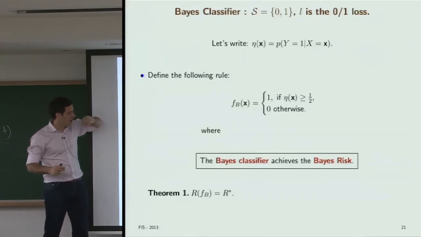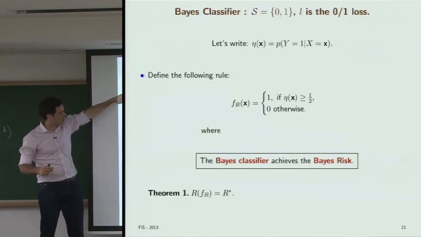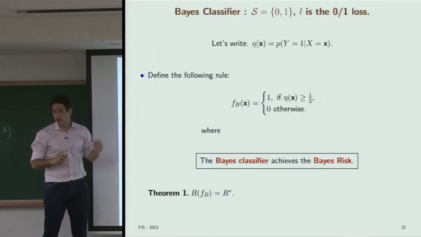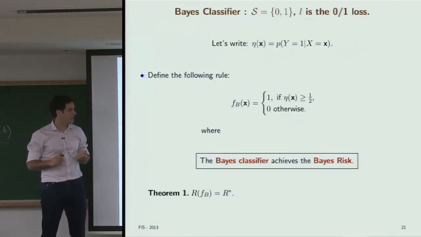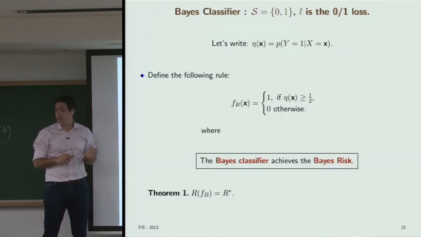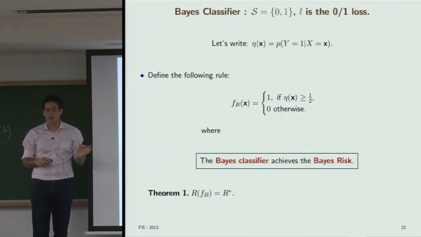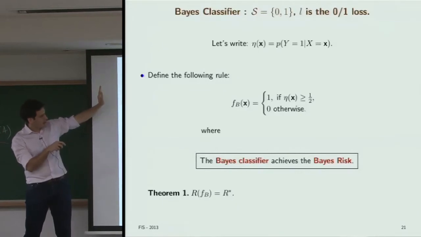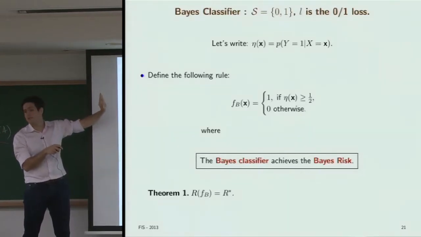So let me just define this. Let's write eta of x. Assume that we are in this case, the binary classification case.